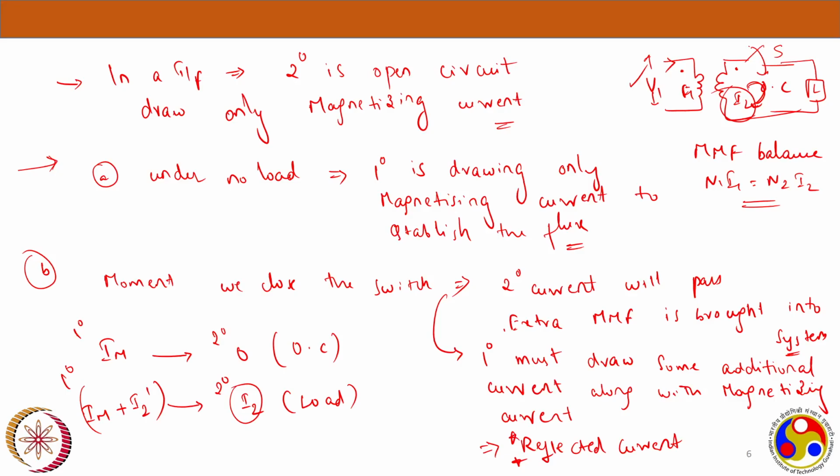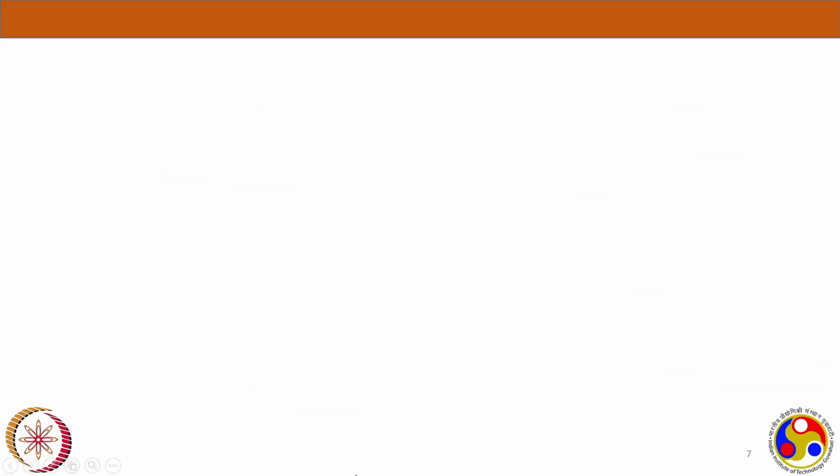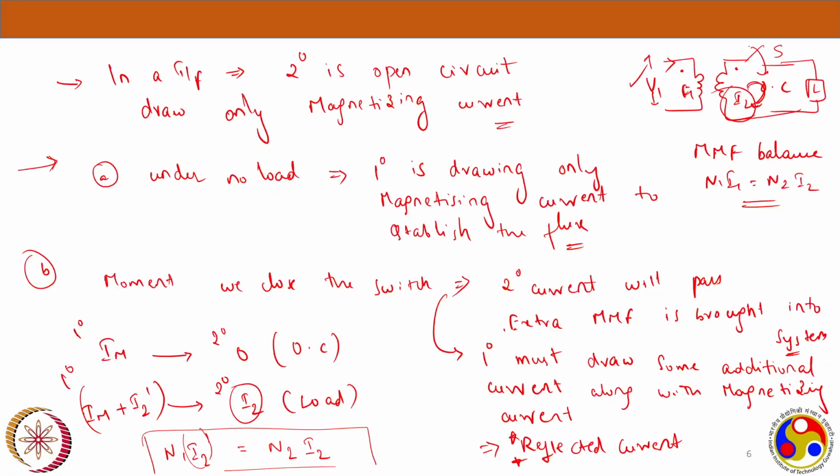That's the important concept of MMF balance I am talking about. So the value of I2 dash will be such that this equation will be satisfied, so that there will be an MMF balance.